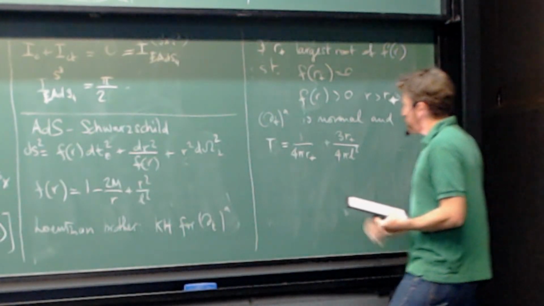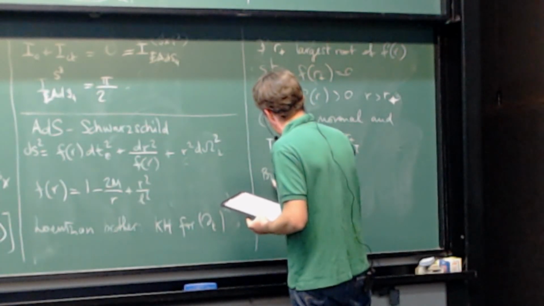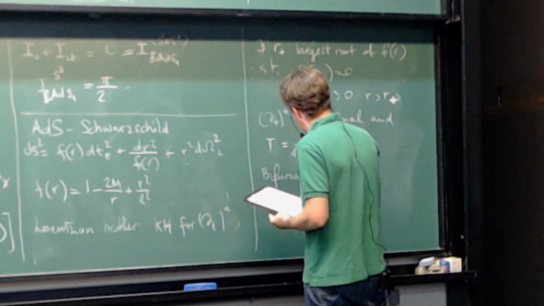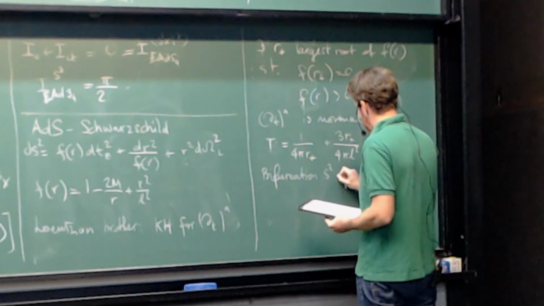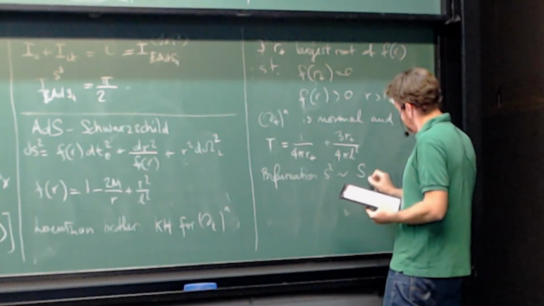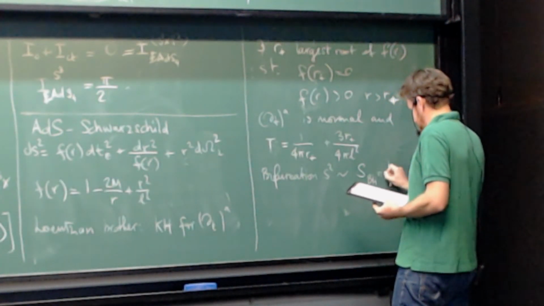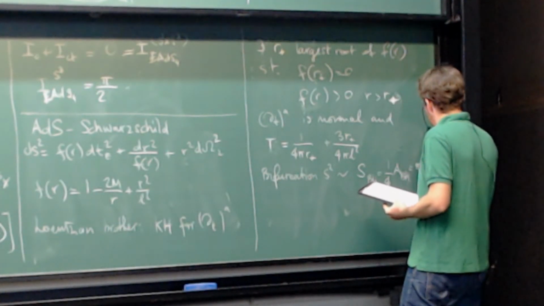And moreover, there is a bifurcation surface, which has the topology of S2. You can compute its area, and you can associate the entropy, the Bekenstein-Hawking entropy, pi r plus squared.